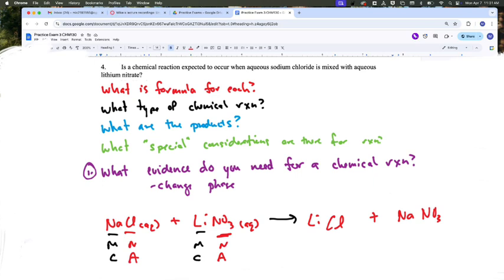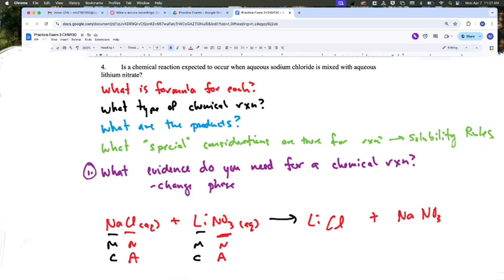When it comes to the double replacement reaction, you're responsible for predicting both the products and if a reaction happens. And we know that through the change in phase, which means you need to know your solubility rules. Okay, which is said a bit overzealously. It's not that you need to know them, you need to know how to use them.